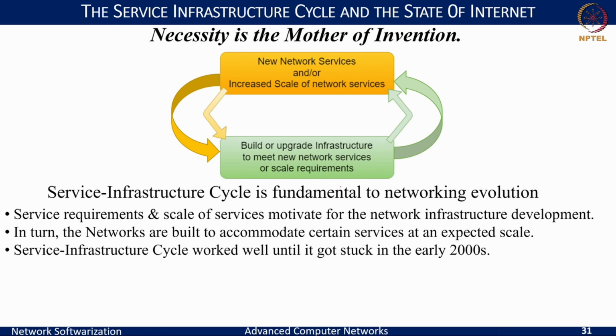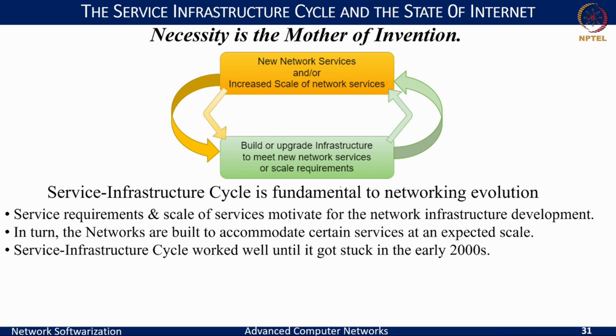And then we started to see that the networks that were built to accommodate certain services at an expected scale saw a huge upsurge in the scale, and the services were no longer able to be accommodated. And second, like the points we discussed earlier, because the infrastructure grew to such a wide scale, making changes became almost difficult, and it was not easy to make a change and adopt it at the scale of the network.